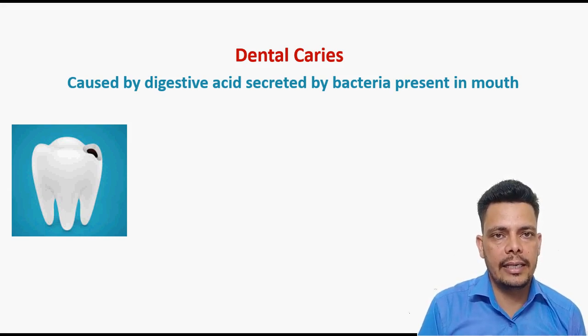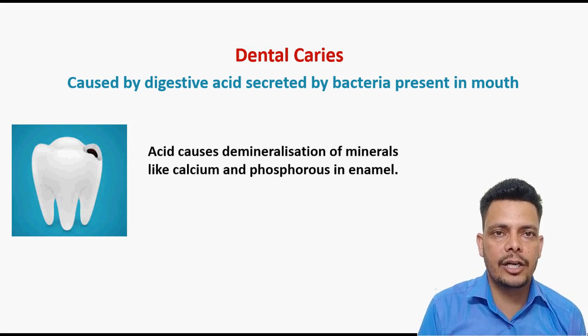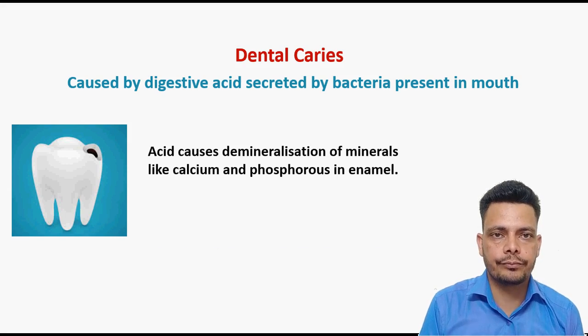So now that acid demineralizes. Demineralizes means it takes out the minerals like calcium and phosphorus from that enamel. It softens the enamel and makes a small hollow space in it. So we call it dental caries. It is done by the bacteria or the enzyme or the acid secreted by those bacteria.